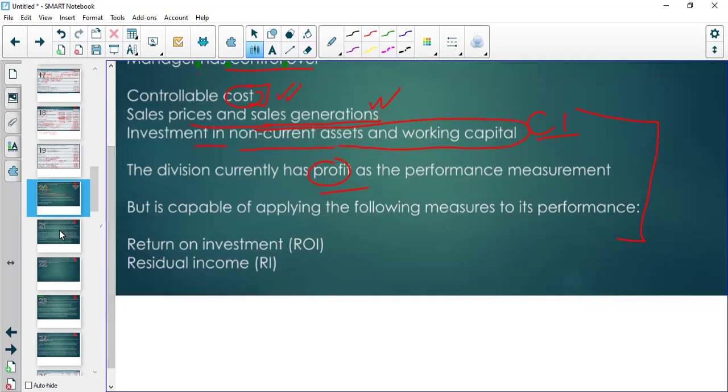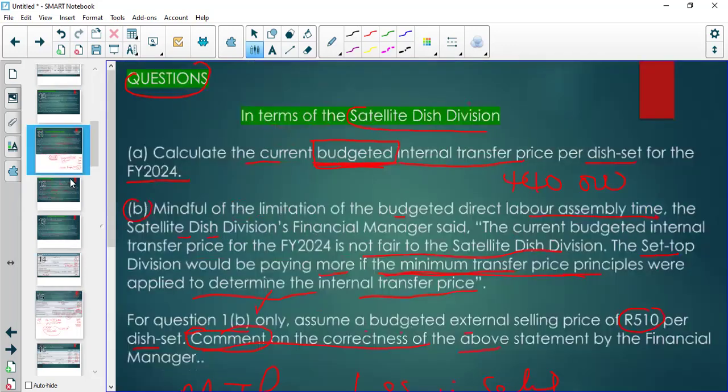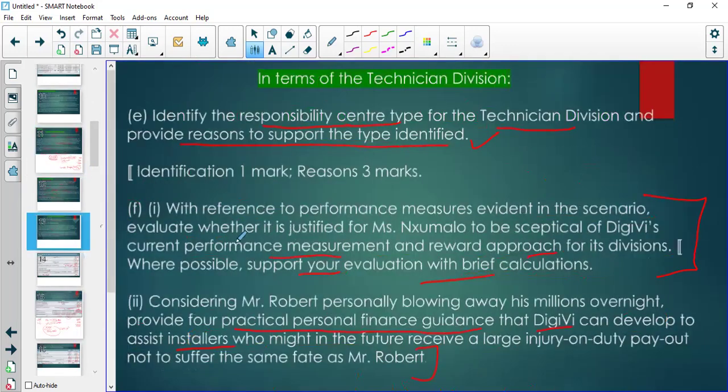And then the other question was asking for a reference to the performance measures evident in the scenario. Is it justified? And they say you must do calculations.